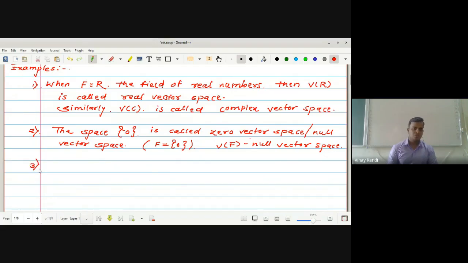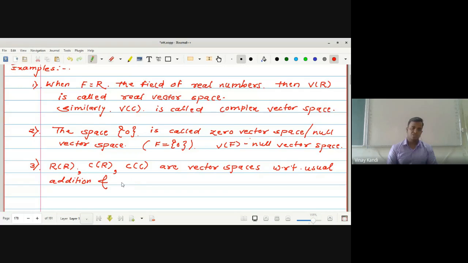Example number 3. R over R, where V is equal to R and F is equal to R. V is equal to C and F is equal to R, that is C over R. And the set of complex numbers over the set of complex numbers are vector spaces with respect to two operations, usual addition and usual multiplication.